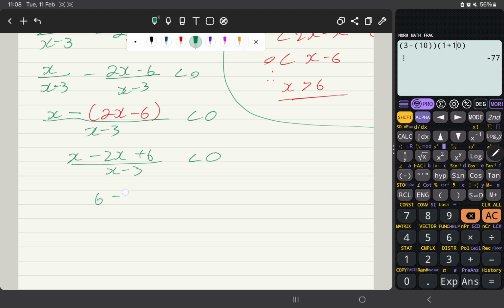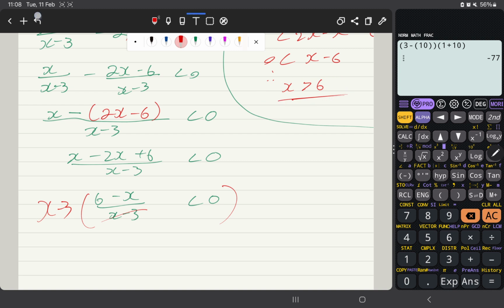Now you have 6 minus x over x minus 3 smaller than 0. Cool. One possible mistake would be trying to multiply the whole thing by x minus 3, where these are going to cancel each other, and you transpose x, and you are left with exactly what we had here.